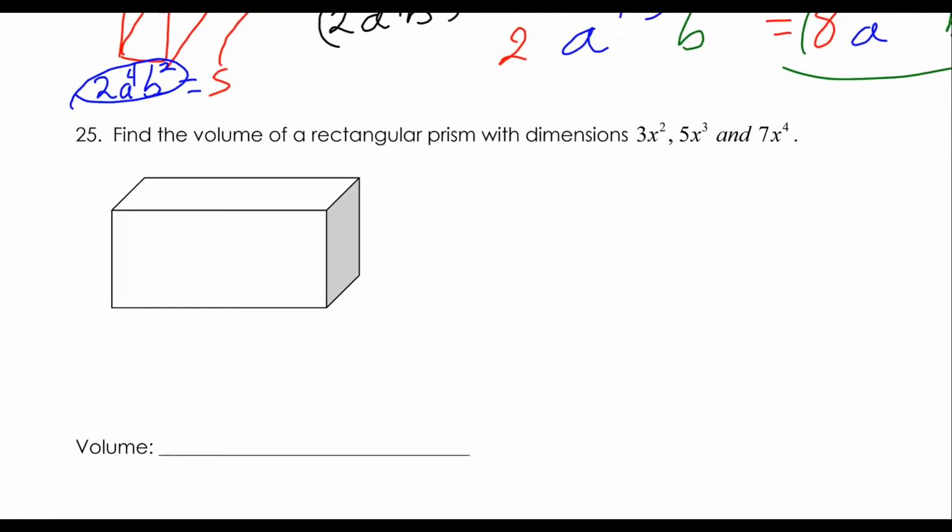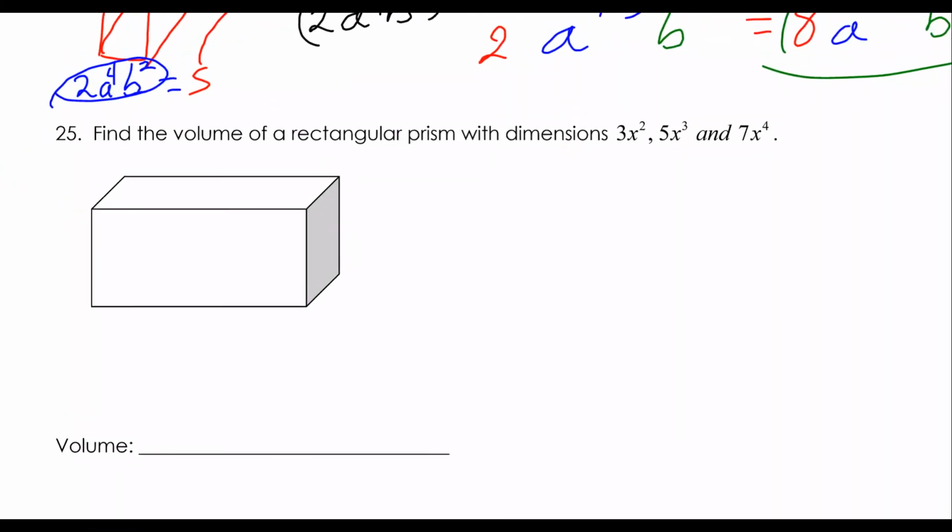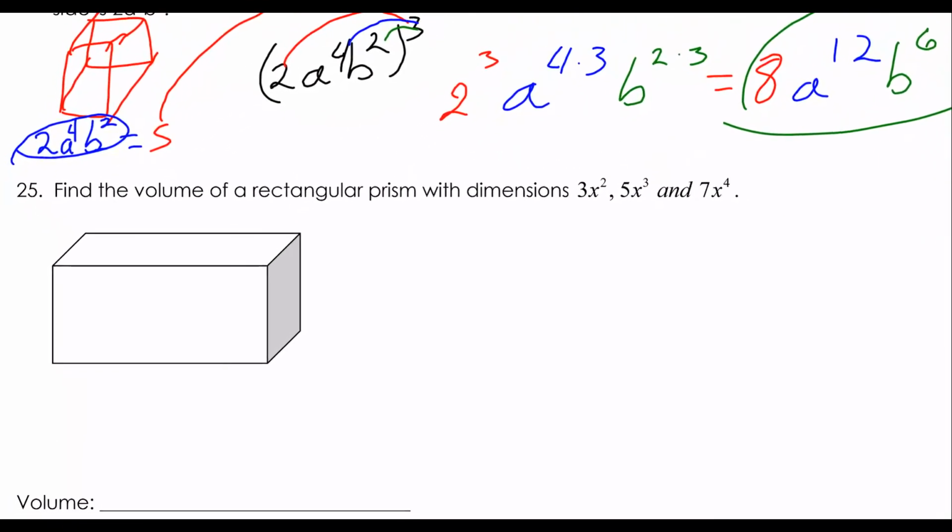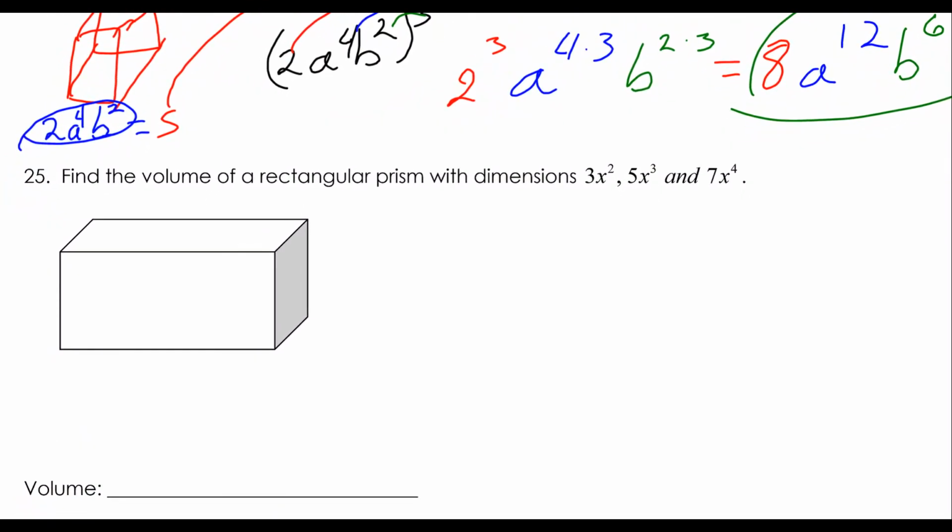Last question. Find the volume of the rectangular prism with dimensions 3x squared, 5x cubed, and 7x to the 4th. So what we can do is go ahead and label our picture. 3x squared, 5x cubed, 7x to the 4th.